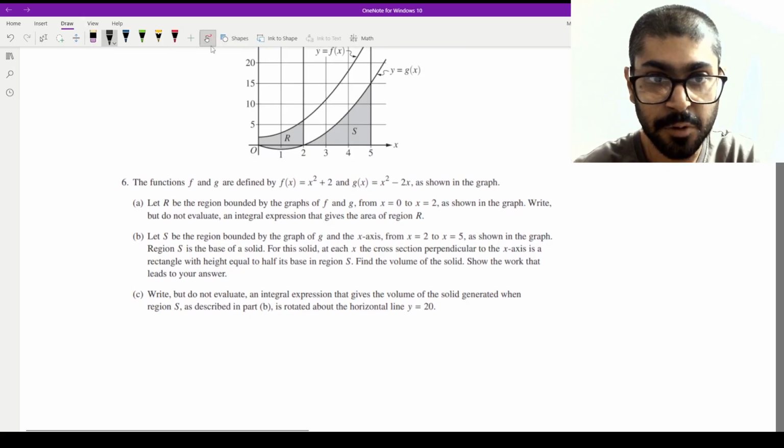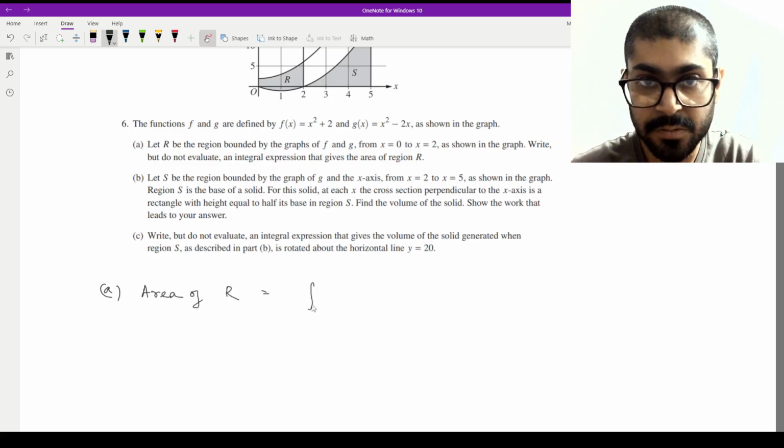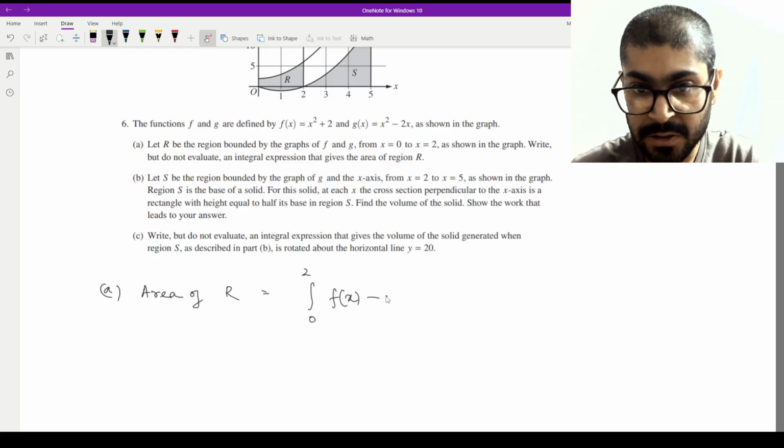We would just have to write the integral. So the area of R will be equal to the integral from x equal to 0 to 2 of f(x) minus g(x) dx.